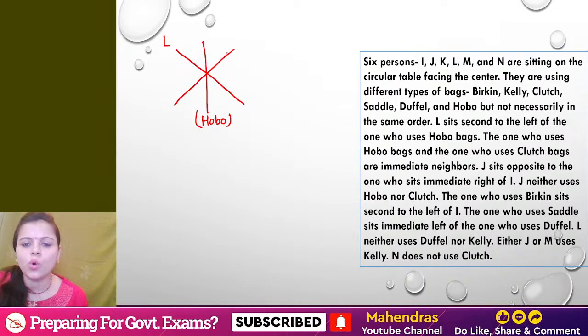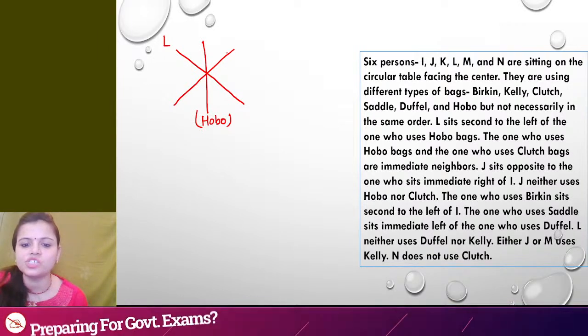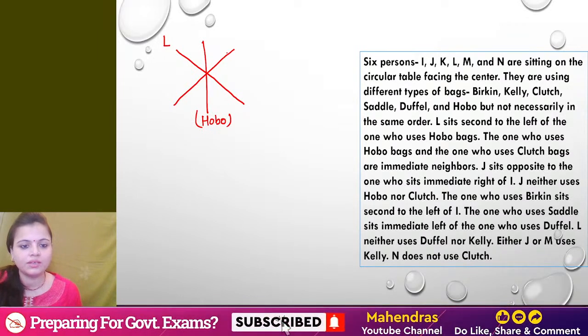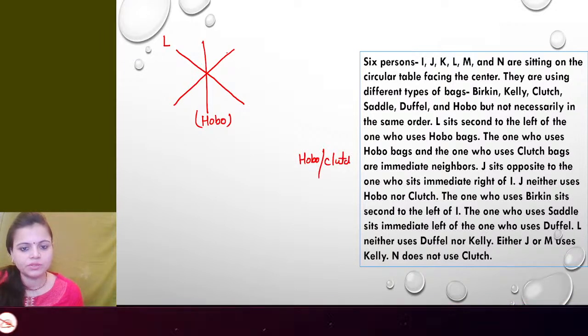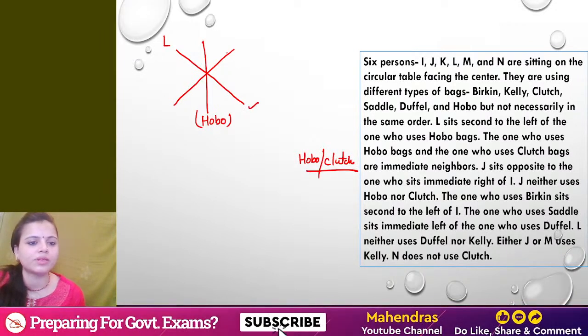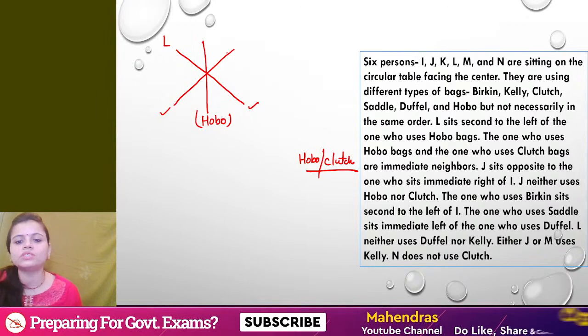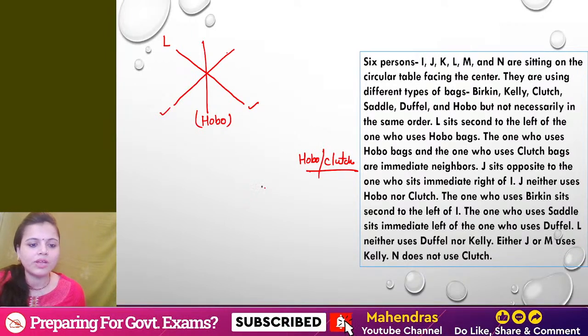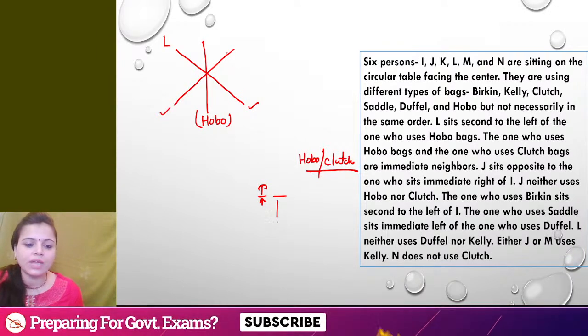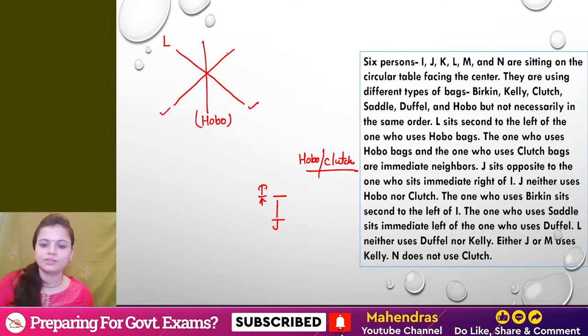The one who uses hobo and the one who uses clutch bag are immediate neighbors. Hobo and clutch, they are immediate neighbors. We have two possibilities for clutch. Next, J is opposite to the one who sits immediate right of I. J neither uses hobo nor clutch.